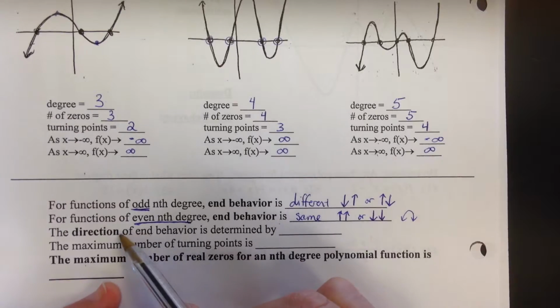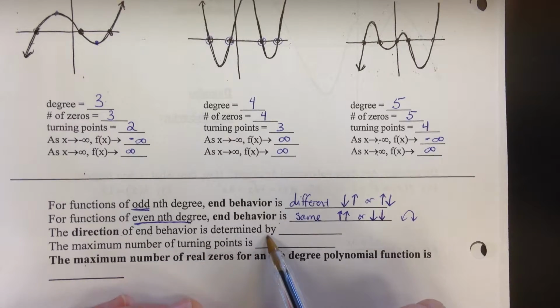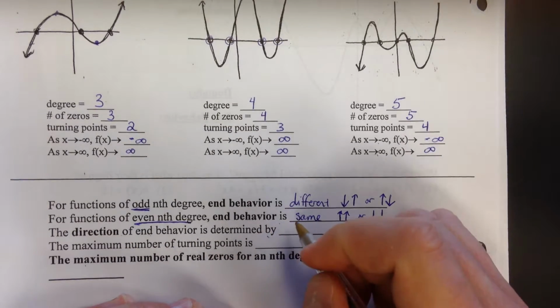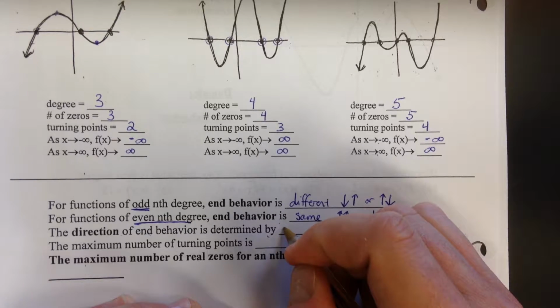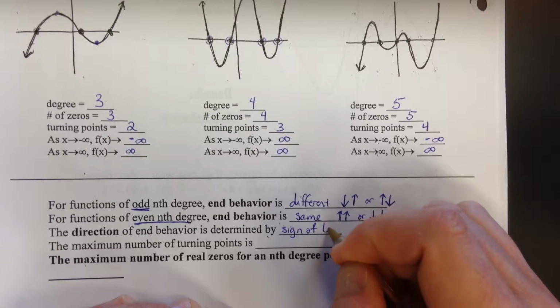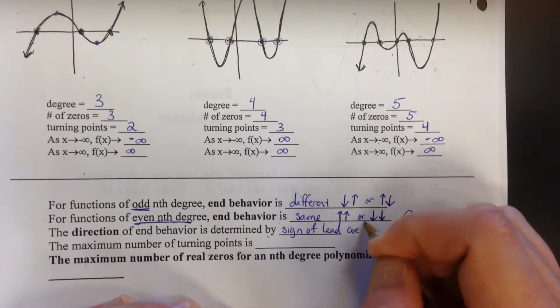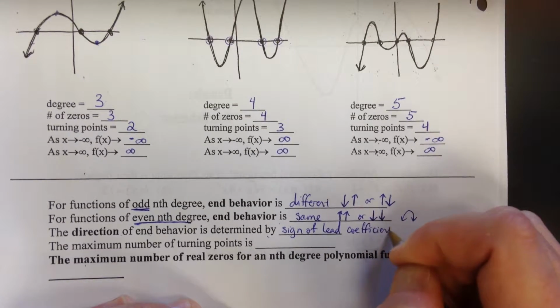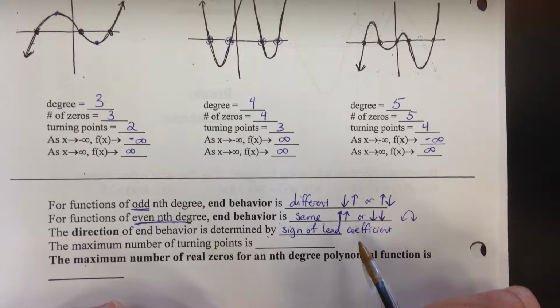The direction of the end behavior is determined by the lead term, by the sign of the lead coefficient. Okay, so that's going to determine when things are going up or things are going down.